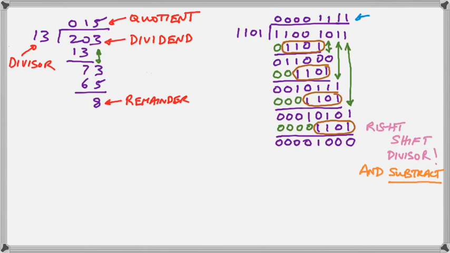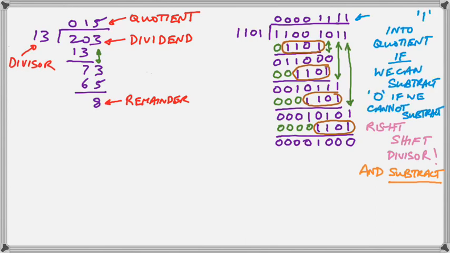So make sure you understand what's happening here, and then we can continue to the computer algorithm. One thing that you have to notice is the rule about the quotient at the top. We put a 1 in the quotient if we can subtract, and we put a 0 into the quotient if we cannot subtract.